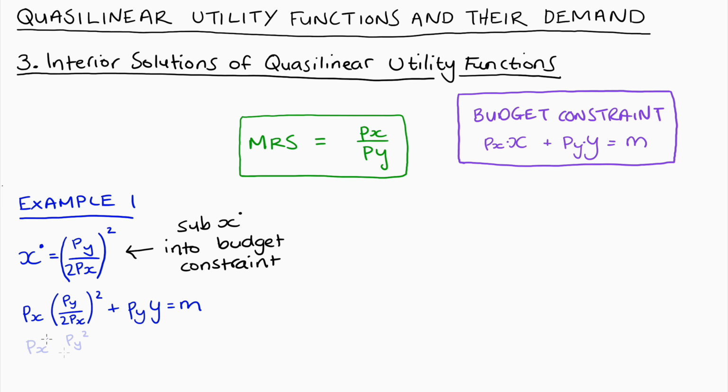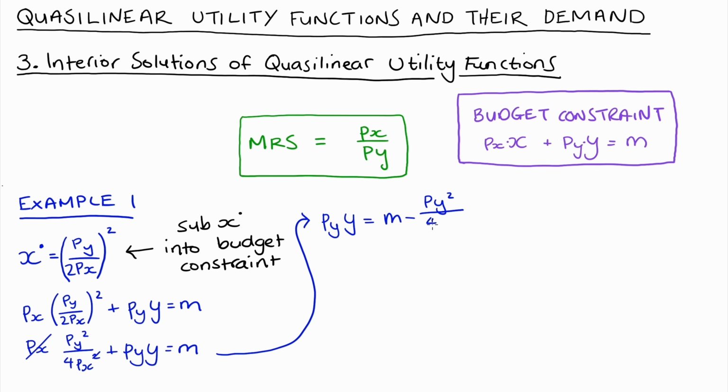Now 2 squared is 4, and we see one of those px's cancel out. We can then take away py squared over 4px from both sides, and then we divide by the price of y. And so we find that y star is equal to m, our income, divided by the price of y, minus the price of y divided by 4 times the price of x. So that's our demand for x and y when we have interior solutions, for example 1.